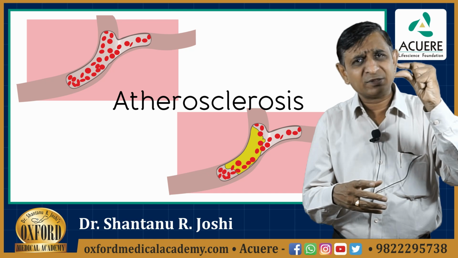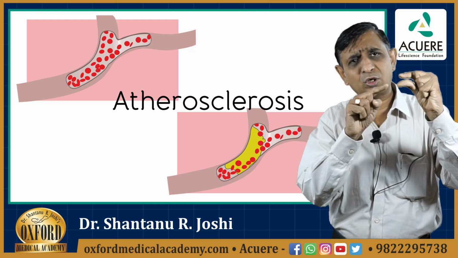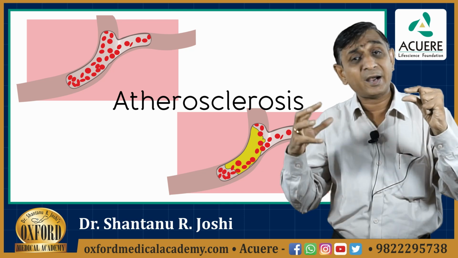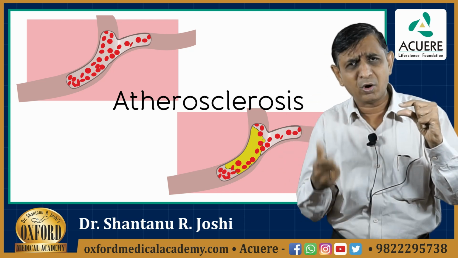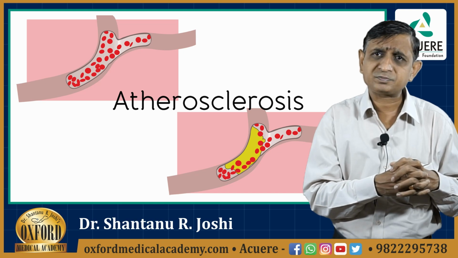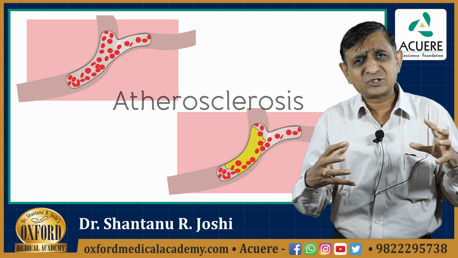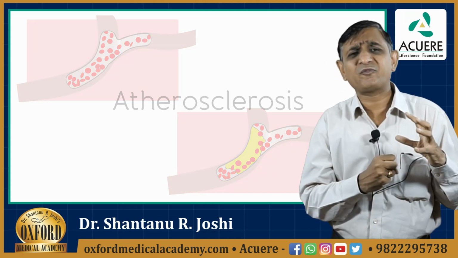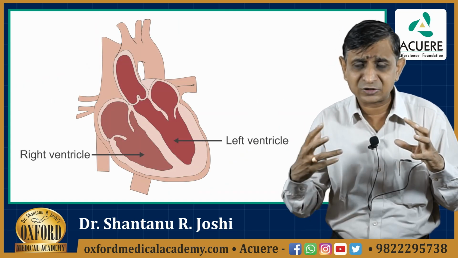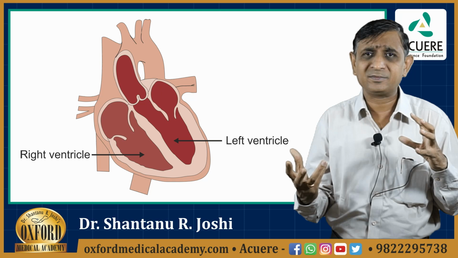The lumen becomes small because of the atherosclerosis, and through that small lumen, the heart has to pump the blood with more force to fulfill the demand of the peripheral tissue. And that's why the heart has to pump the blood with more force. When the heart has to pump with more force, it has to increase its pumping capacity.